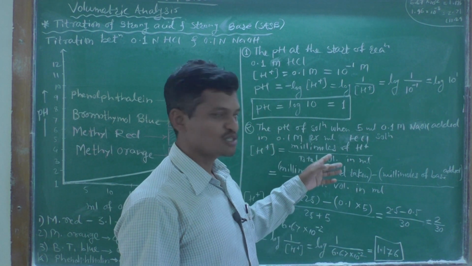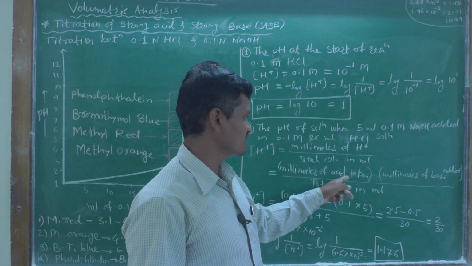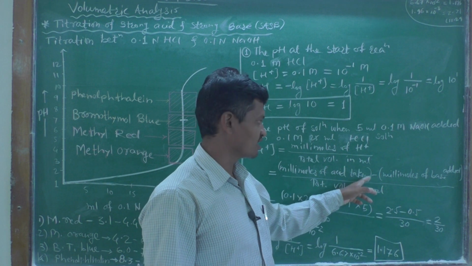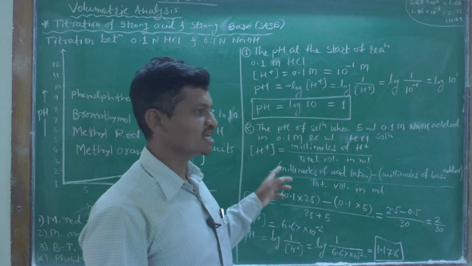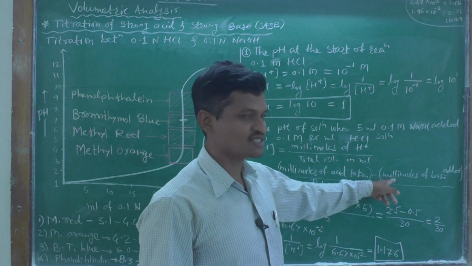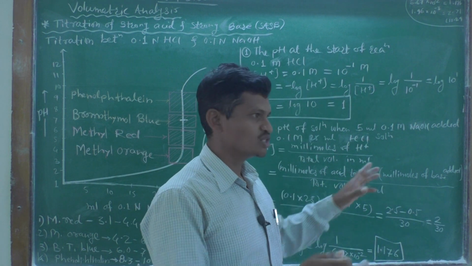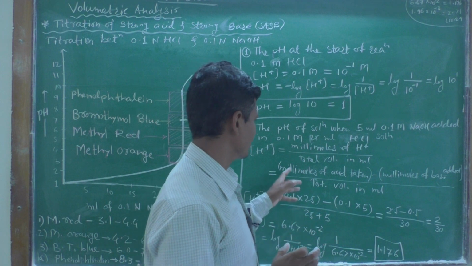Now millimoles of H plus are calculated as millimoles of acid taken, which is previously there, minus millimoles of base added, because H plus ions are consumed by the base that we are adding from the burette. All these things should be taken into consideration.